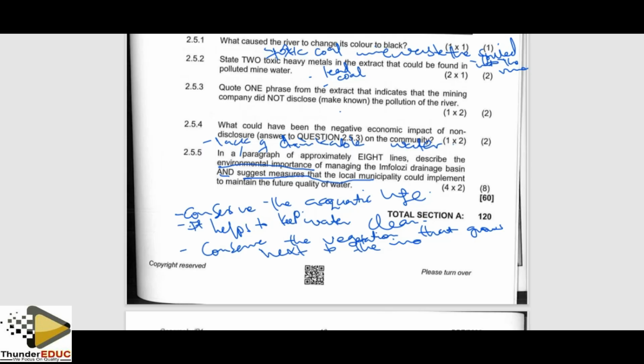The next one is measures for the local community to implement so that in the future they can have better quality water. The first suggestion is going to be buffering of the river. When you buffer the river, you're protecting the river. Another measure is educating the masses about the importance of maintaining the river.